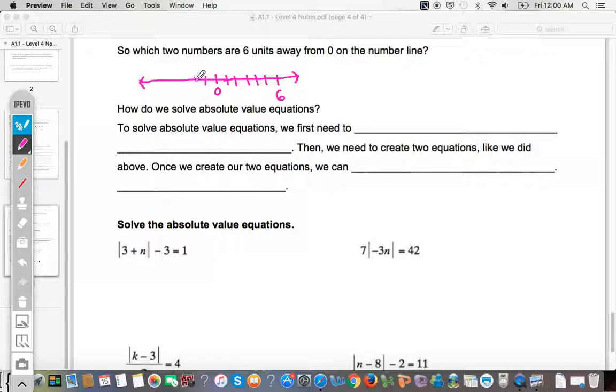So 1, 2, 3, 4, 5, 6. On the negative side of the number line, we have -6. So both of these numbers, 6 and -6, are 6 units away from 0. So what are my solutions, or how do I answer this? I say n equals 6, and n also equals -6.